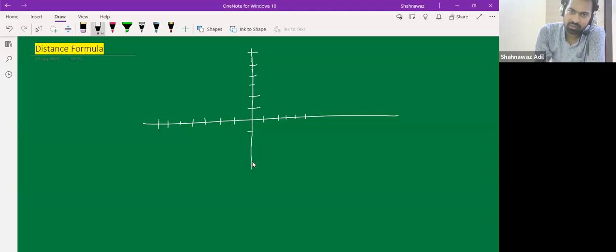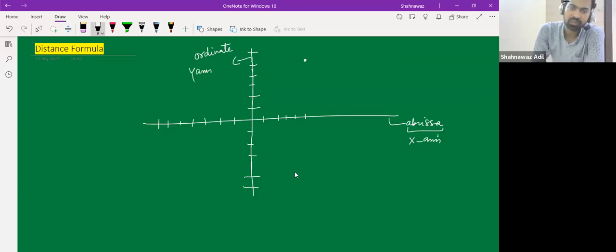And if I want to locate this point, it will have 2 values. This is called the abscissa, and this is the ordinate. This is the x-axis, and this is the y-axis.